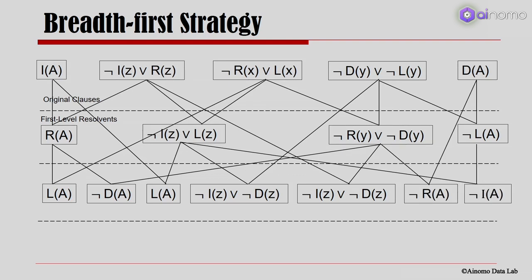And then once I have my second level resolvents, I start generating my third level resolvents. One interesting thing that we can now notice is that I get an empty clause in a breadth first search in the third level resolvent set itself. Whereas, if you remember, in the proof of the illustrative example, the refutation tree had to move to the fourth level resolvent to get to the empty clause.